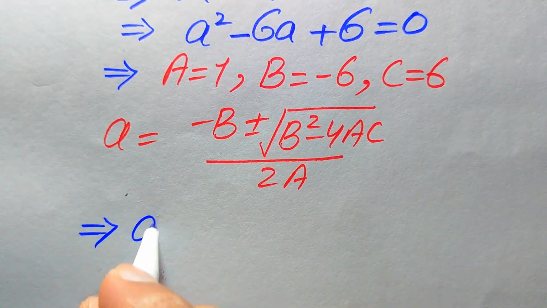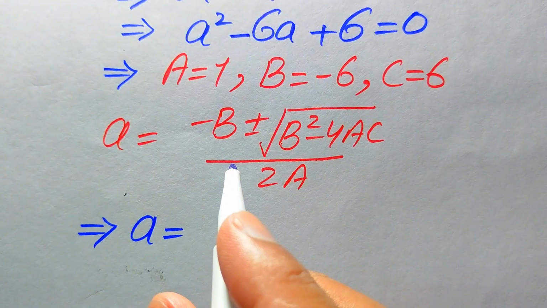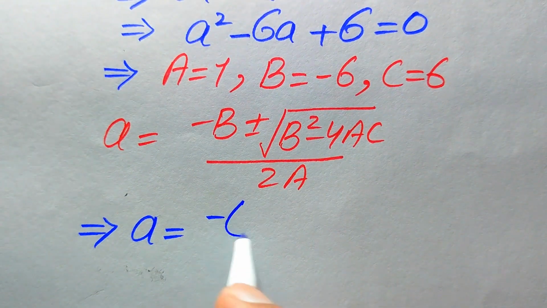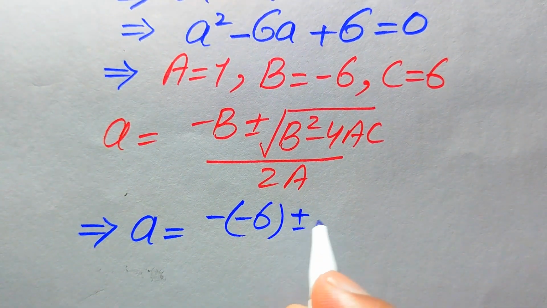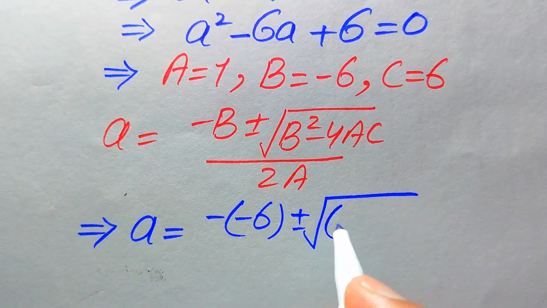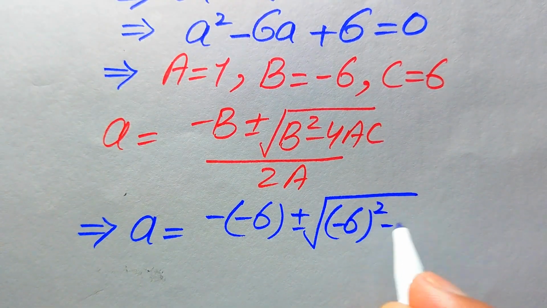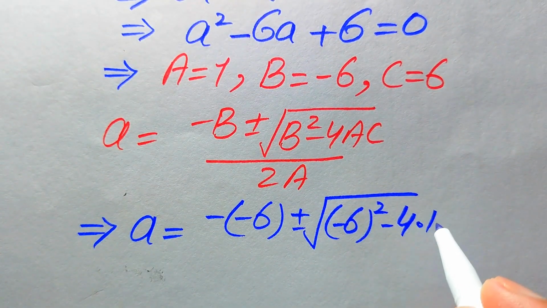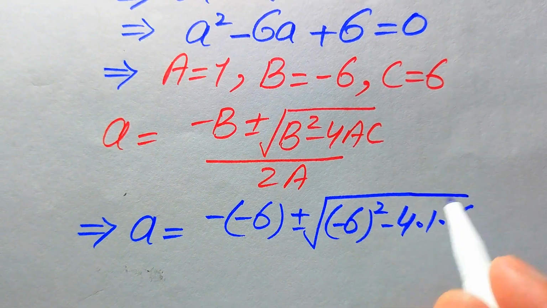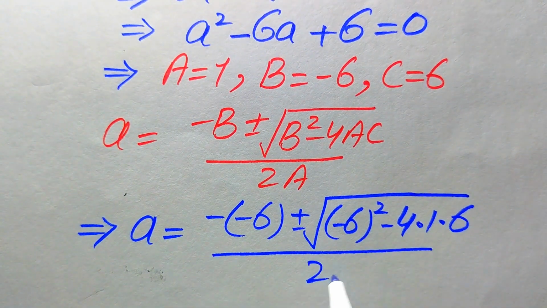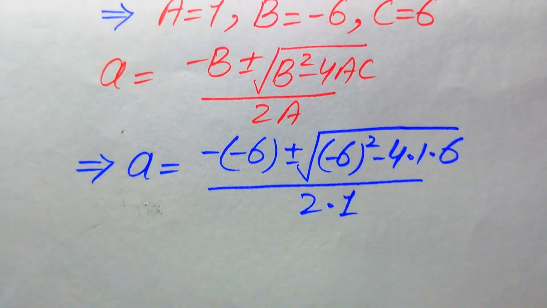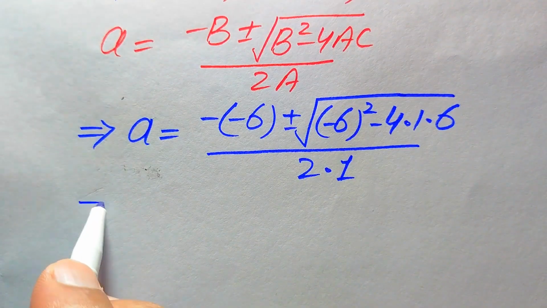So we have a is equals to minus b, the value of b is minus 6, plus minus square root of b square, so b is minus 6 square, minus 4 times of a is 1 and c is 6, and it is divided by 2 times of a, and here our a is equals to 1.